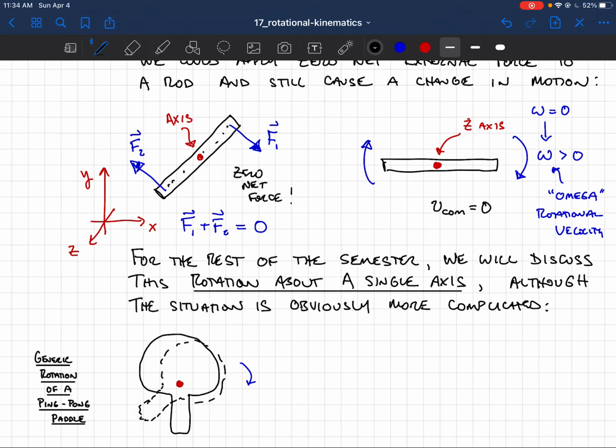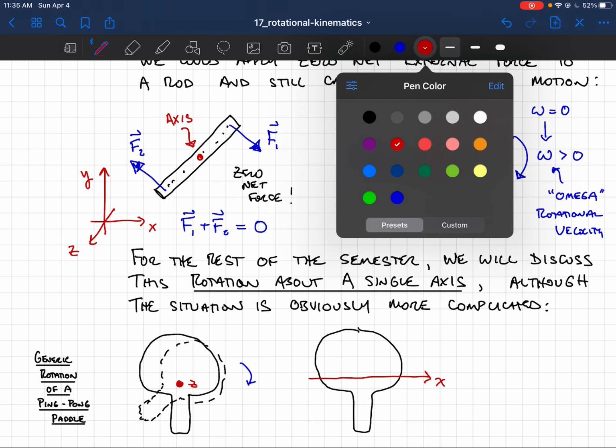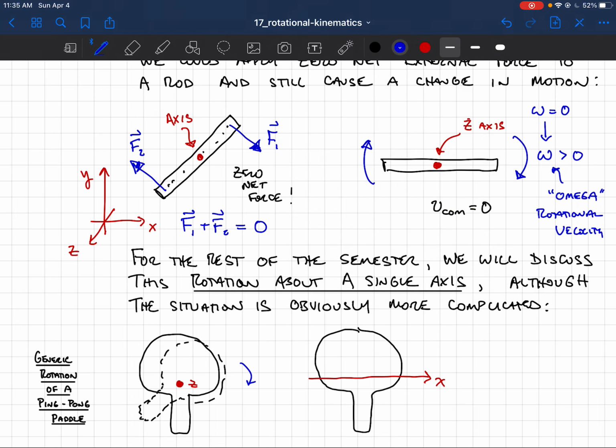Rotation about a single axis. But that's not the only axis that I could rotate about. That's the z-axis. Well, I could also rotate it about the x-axis. So let's try and draw that. So here's my x-axis. If that was my z-axis, then this is my x-axis. So what does rotation look like for that? Well, it means that I'm going to be taking the object and pushing the top of it back into the page and pulling the bottom of it, the handle, up out of the page.